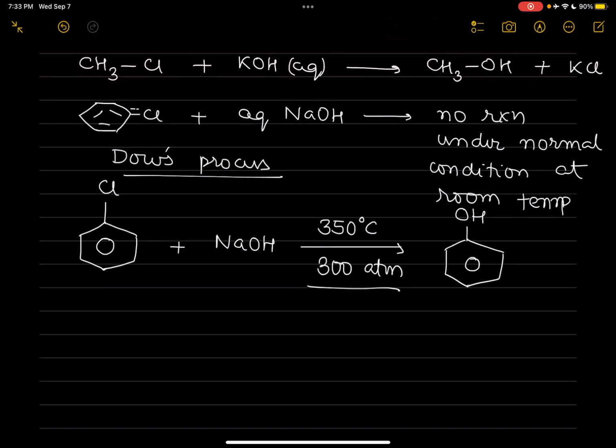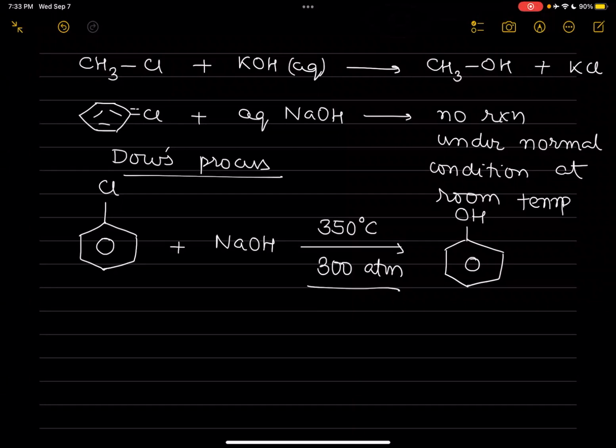SN2 can't happen here because it has partial double bond character. So you can't expect the nucleophile to come in and the leaving group to go away directly. It's very difficult. It cannot happen. And SN1 also can't happen because you can't expect the Cl to break on its own, because being connected to a double bond, it's very difficult for the Cl to break. So now how does it happen?